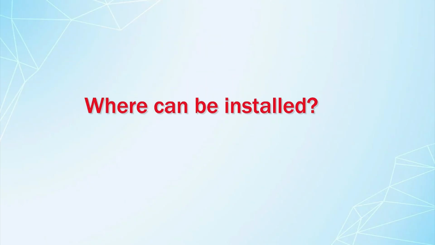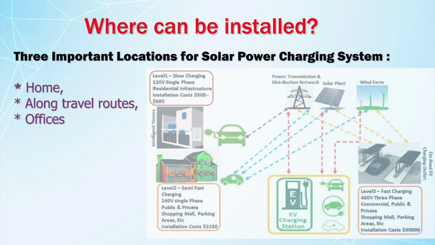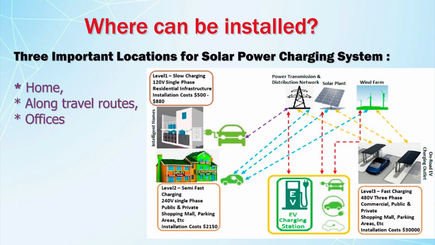Now, where can the charging station be installed? We can install the charging station at home, as we have seen with the home based solar charging station. On the roof of the home we can install a solar PV plant as per the availability of area, and we can get the power.